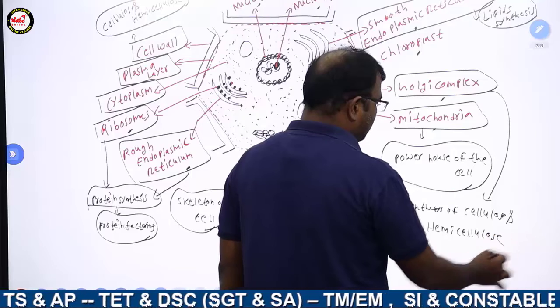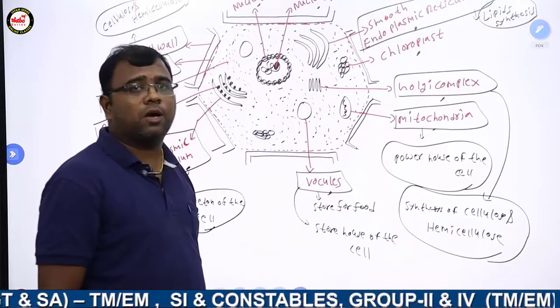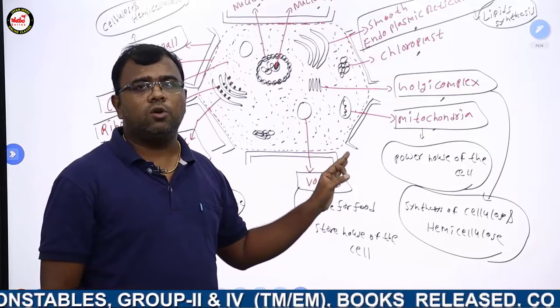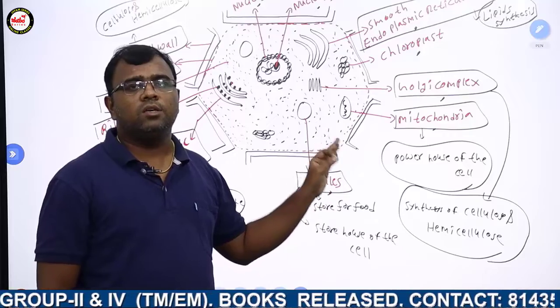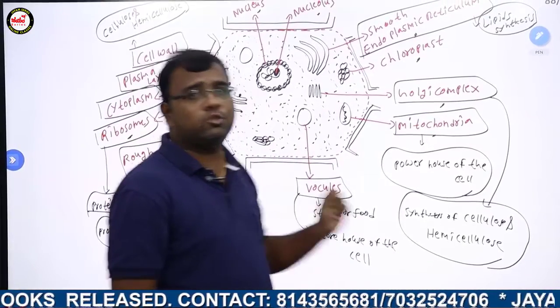The main function of the Golgi complex is the synthesis of cellulose and hemicellulose also. And next goes to plastids.